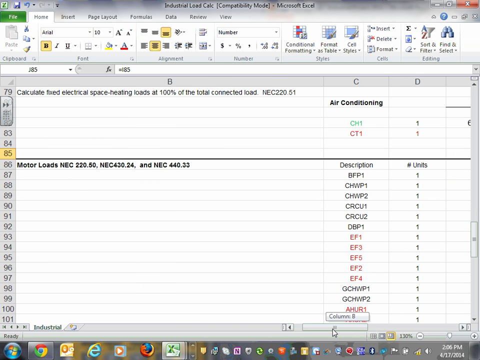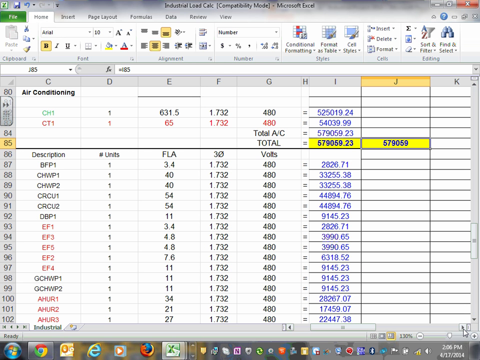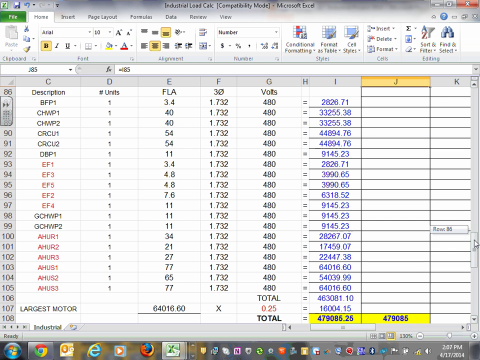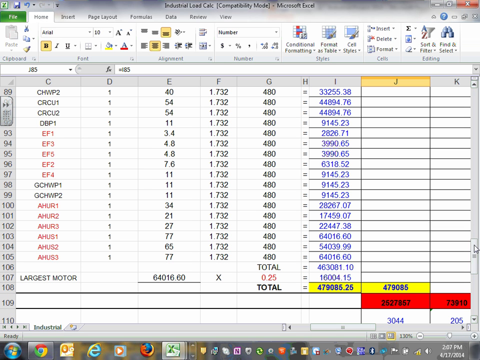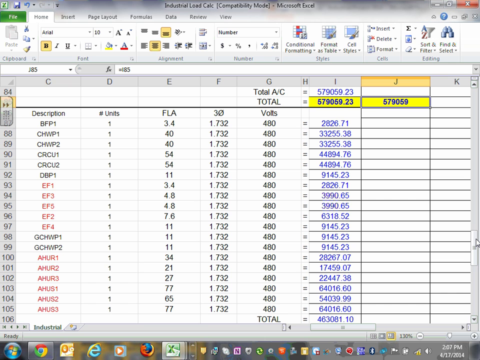Then we go into the other equipment for circulating and what's not. I have a bunch of exhaust fans, chilled water pumps, and an air handling unit. The air handling unit will work with both heat and cool, right? And I have exhaust fans and water circulating pumps for domestic and chilled water. All of these relate to circulating the chilled water in the building or domestic water, if any.